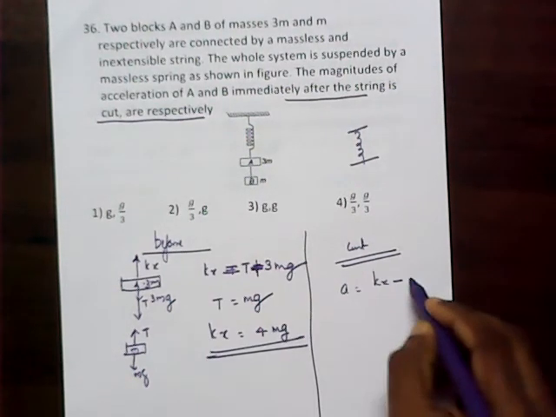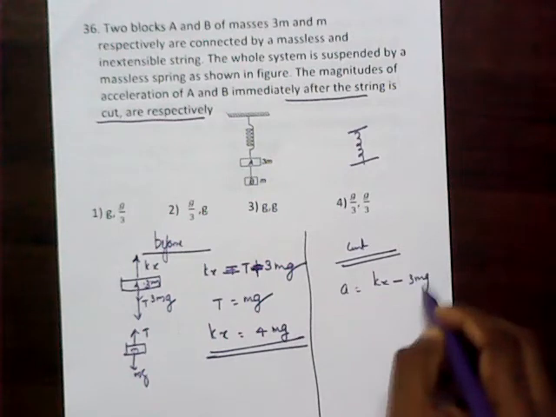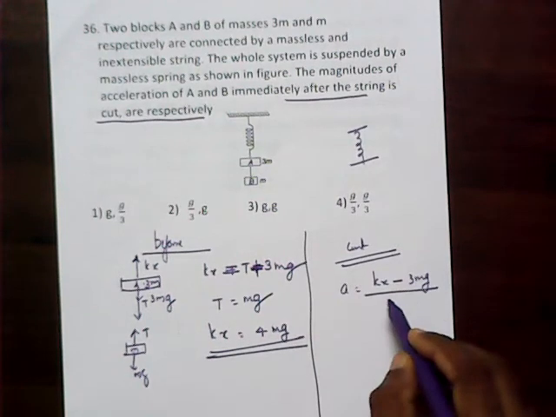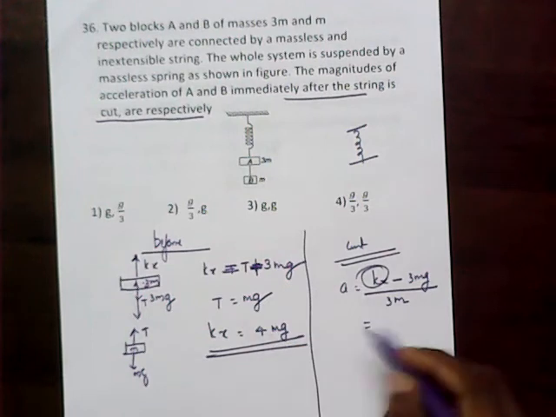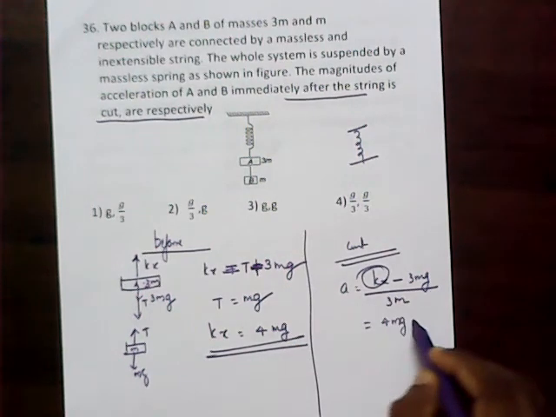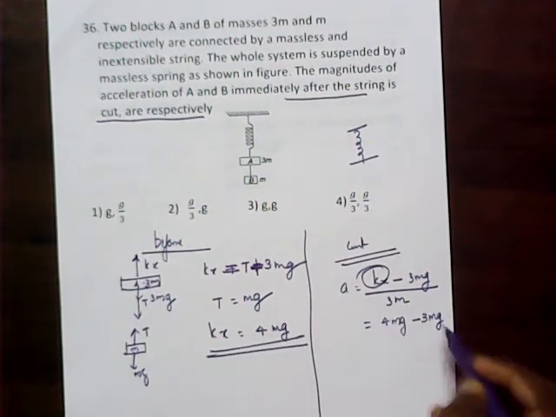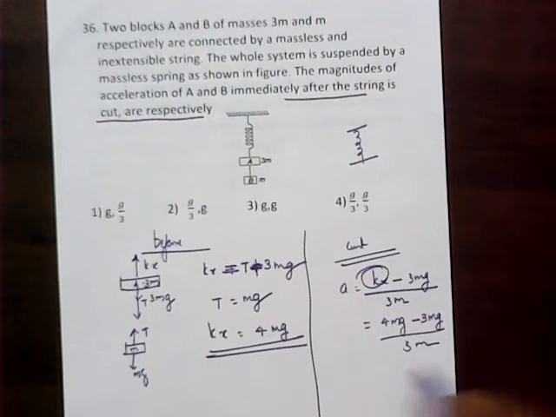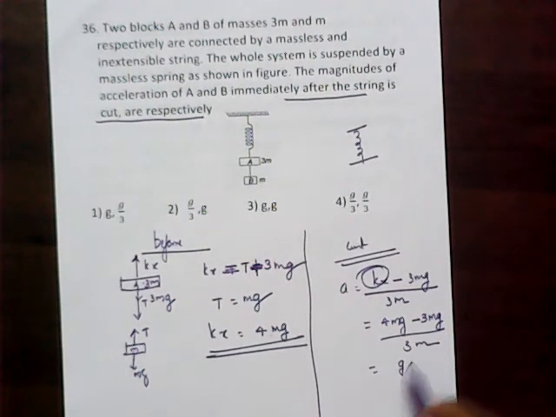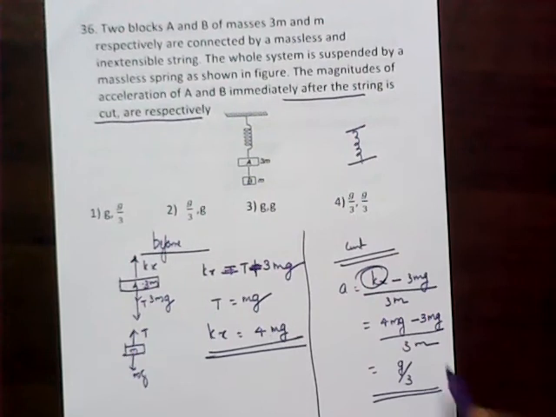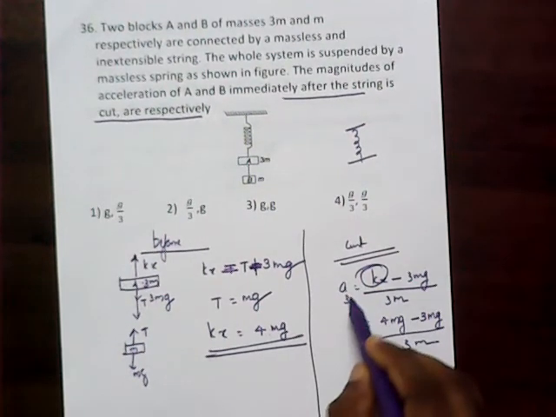So kx minus 3mg by its mass 3m. But we know kx is already 4mg, so 4mg minus 3mg divided by 3m, that is equal to mg by 3m, so g by 3. That is the acceleration for 3m.